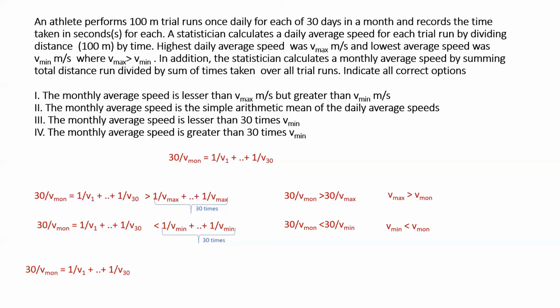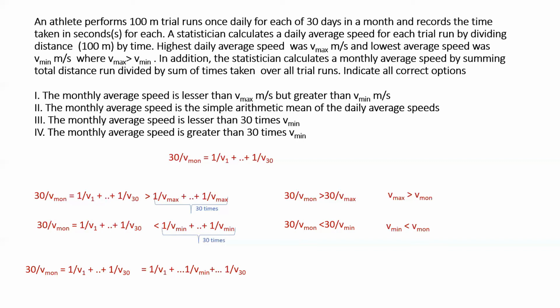So let's start with this same expression again. Now we have 30 by Vmon is equal to the sum of the reciprocals of all the daily average speeds, and somewhere there's also a Vmean. So 1 by Vmean basically represents the maximum value that a reciprocal 1 by V can take, because Vmean is the minimum value of V, right?